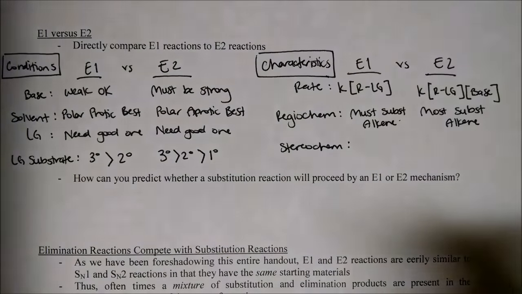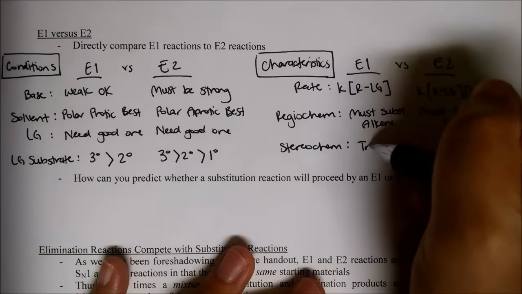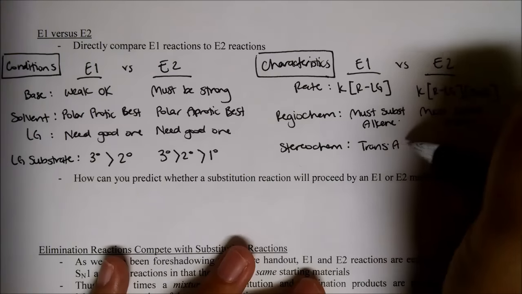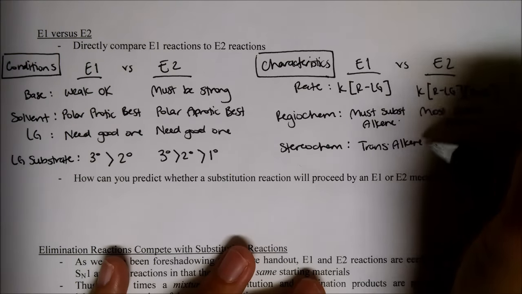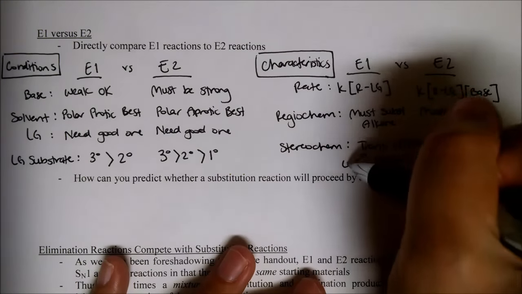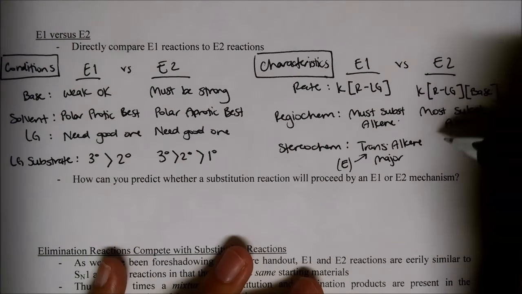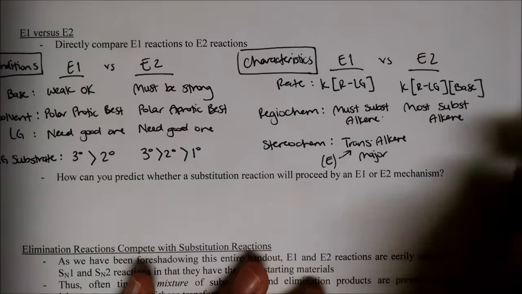Because E1 was stereoselective. It could choose, and it chose the trans alkene more often. Trans alkene major. Remember, this was the E alkene. Whereas for E2, it was stereospecific. It didn't have a choice.